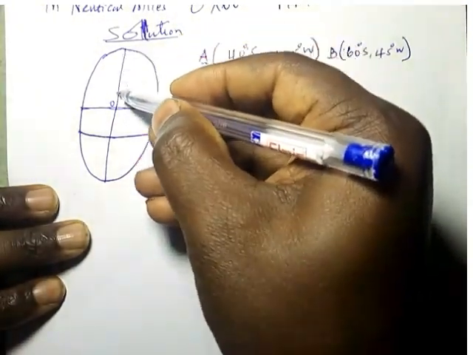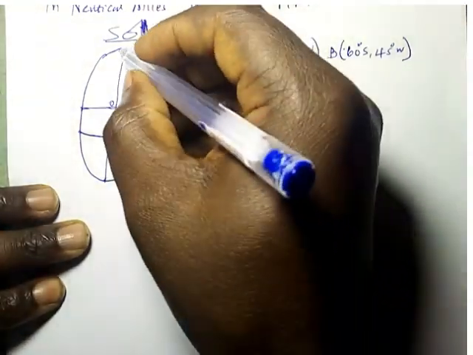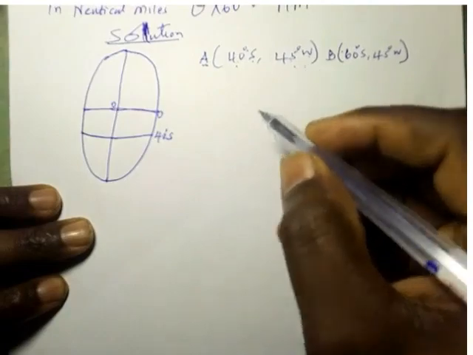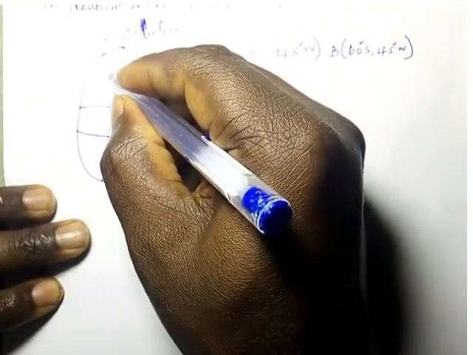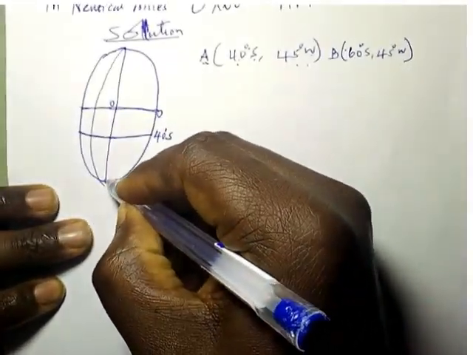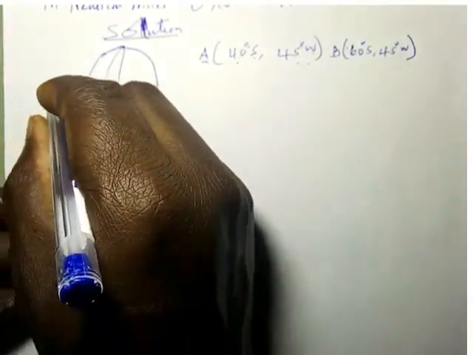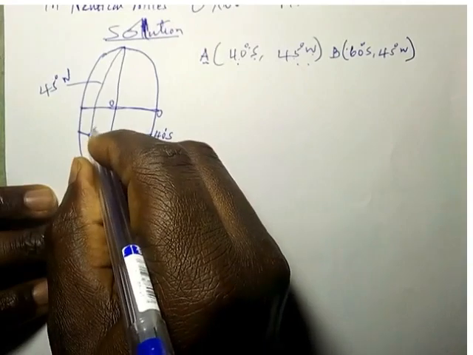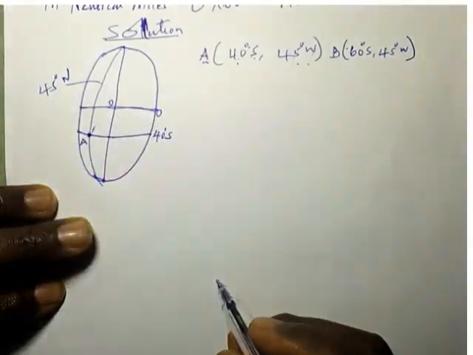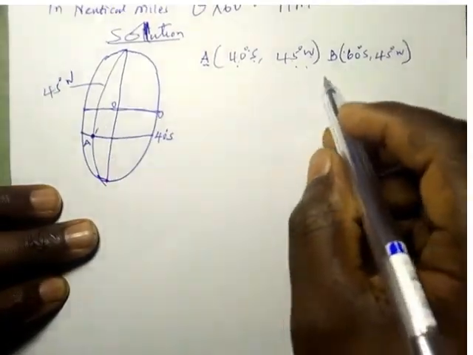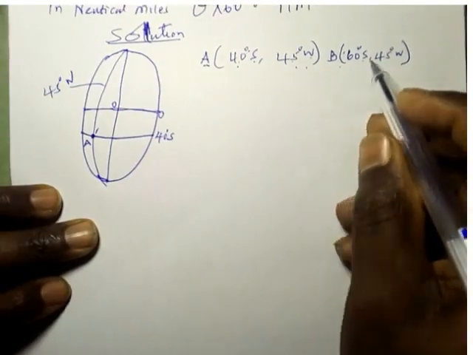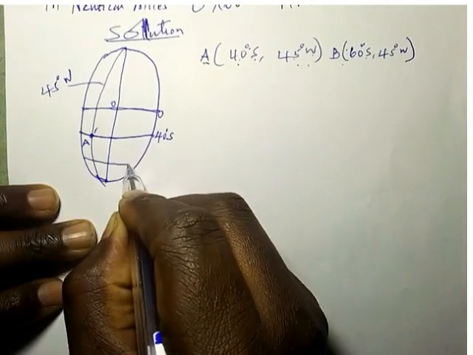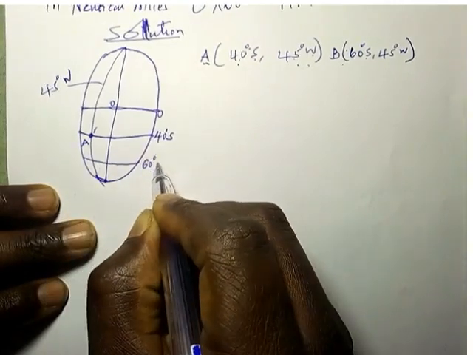So this is the Greenwich meridian, so 45 west will be somewhere there. So this one is 45 degrees west. So it means this point here is our point A. And then point B is 60 degrees south. So this is 40, 60 will be somewhere there. This is 60 degrees south.